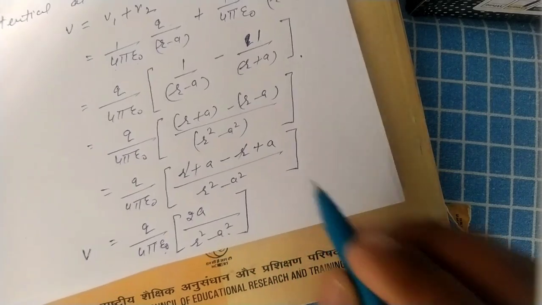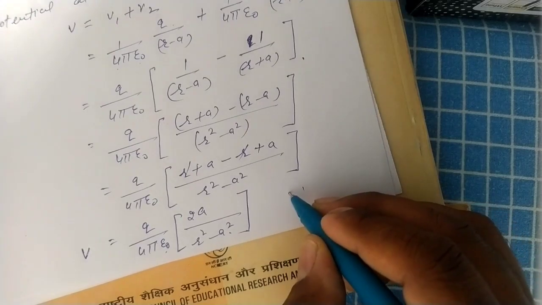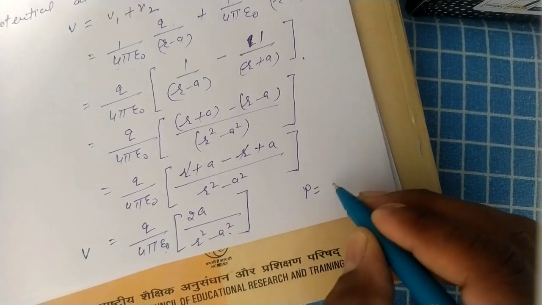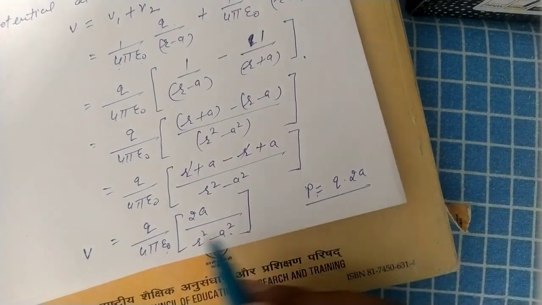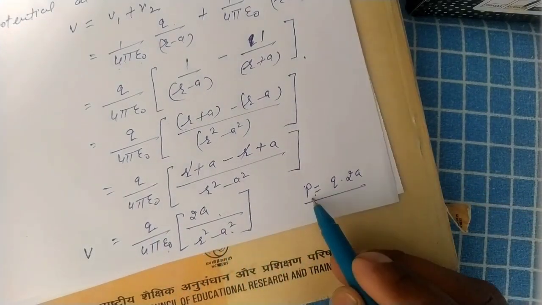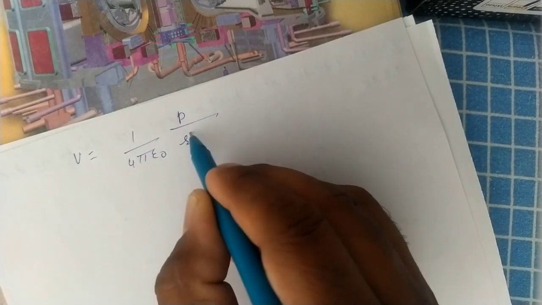We know that electric dipole moment P is equal to q into 2a. Here we put the value of q into 2a is equal to P. Therefore, we have V is equal to 1 upon 4 pi epsilon naught P divided by r square minus a square.